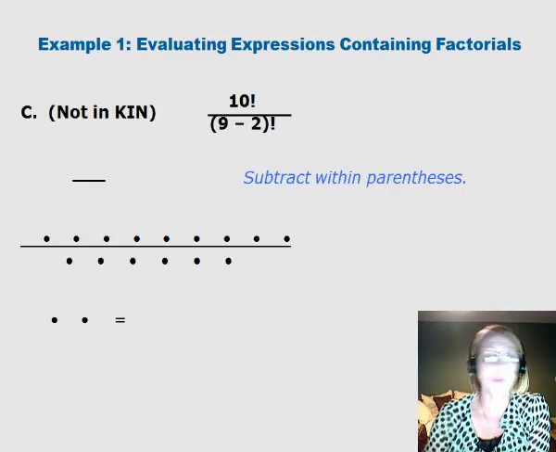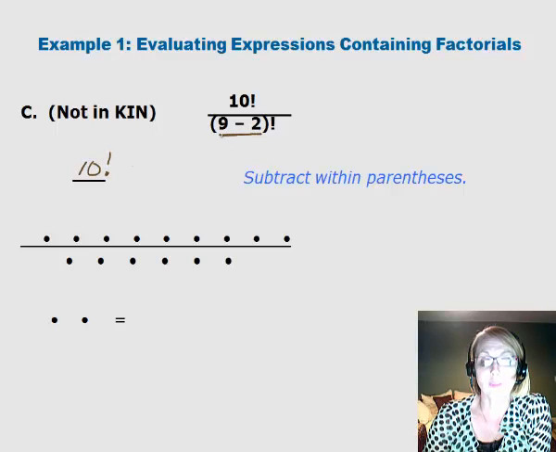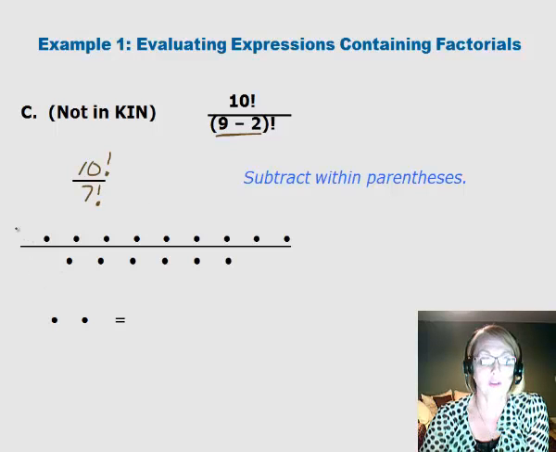Again, please pay close attention to this, even though it's not in your notebook. In this case, we have 10 factorial, and we're going to use our parentheses, so over 7 factorial. Well, 10 factorial divided by 7 factorial, we have 10 times 9 times 8 times 7 times 6 times 5 times 4 times 3 times 2 times 1.